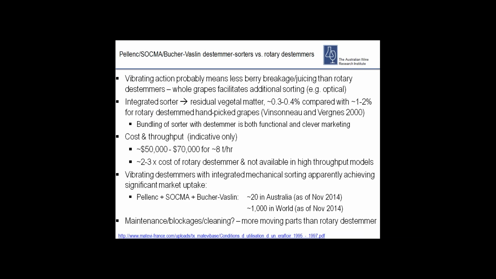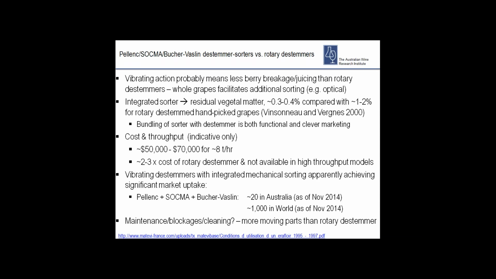So with regards to the performance of these vibrating destemmer sorters relative to traditional rotary destemmers, I would expect that there would often be less berry breakage and juicing with all these devices compared with the rotary destemmers, which could make sorting easier, if in addition to the integrated rollers you want to use another sorting system as well, for example an optical or a density bath sorting system.